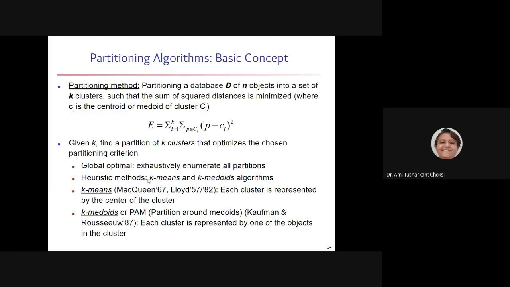The heuristic methods are the K-means and K-medoids algorithms. In K-means, each cluster is represented by the center of the cluster. K-medoids, or partitioning around medoids algorithm, is where each cluster is represented by one of the objects in the cluster.